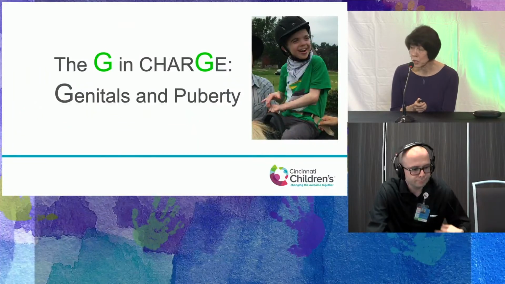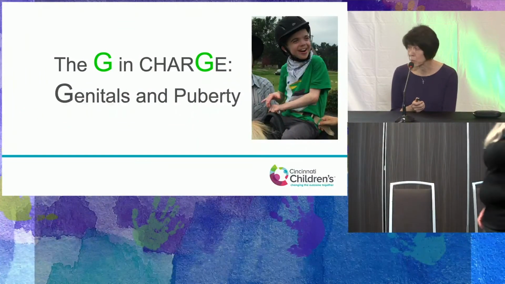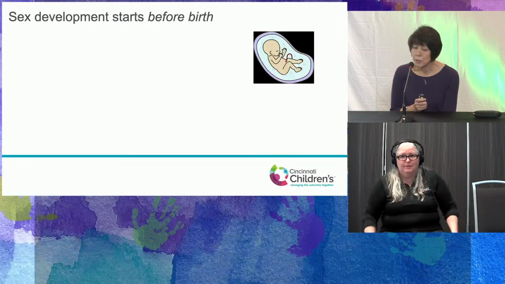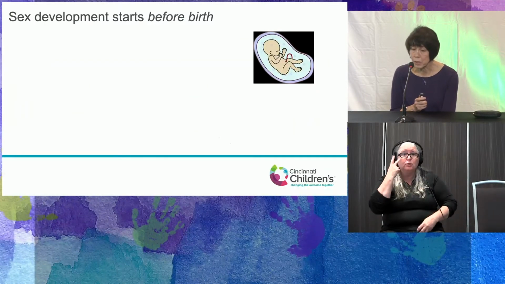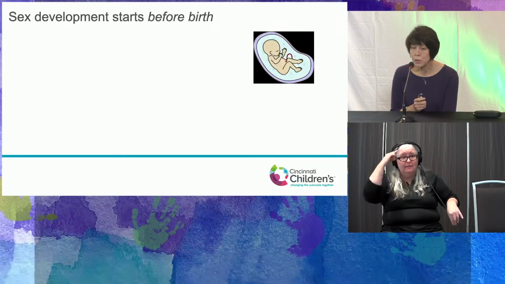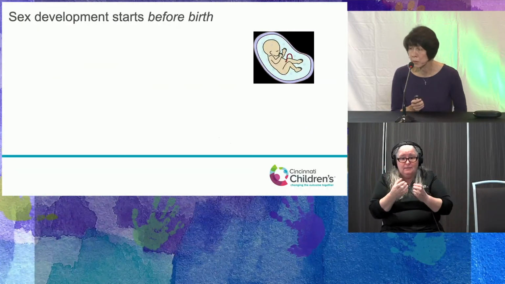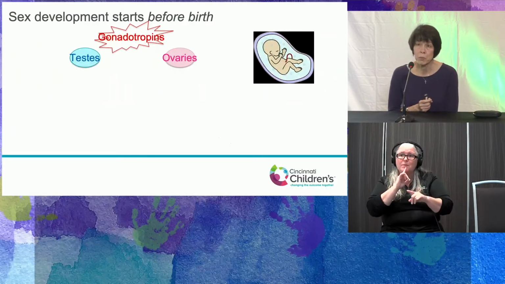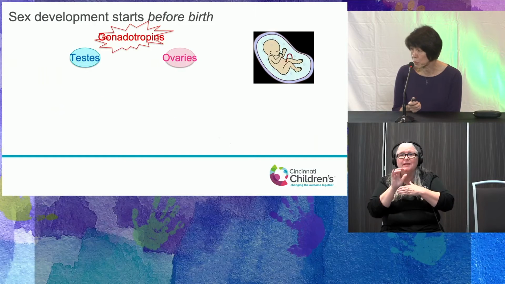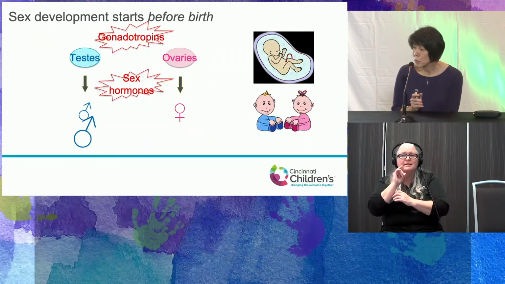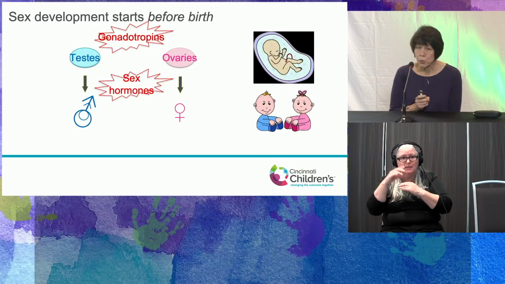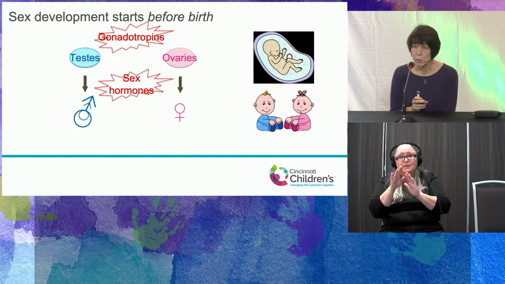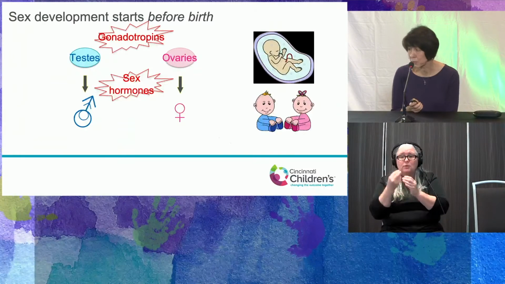What about the G in CHARGE syndrome, in terms of the genital development and puberty? Even though we think about sex hormones kicking in at puberty time, they actually kick in before birth has even occurred. The gonadotropins are the hormones in the brain that control the sex hormones. Even before birth, they're really important for development, particularly in boys, in terms of the growth of the penis and the descent of the testicles.